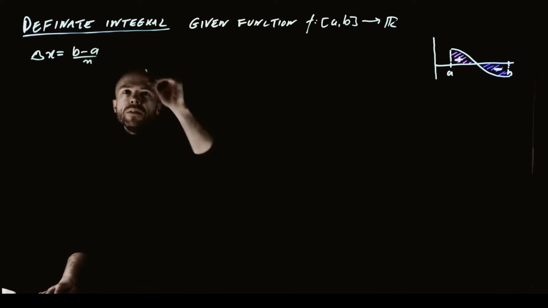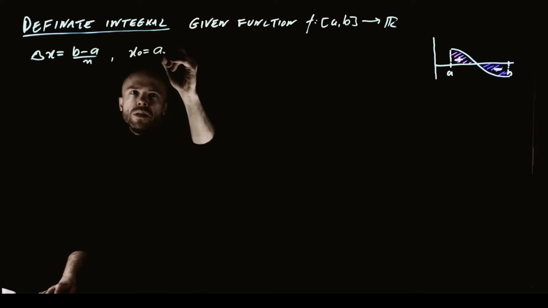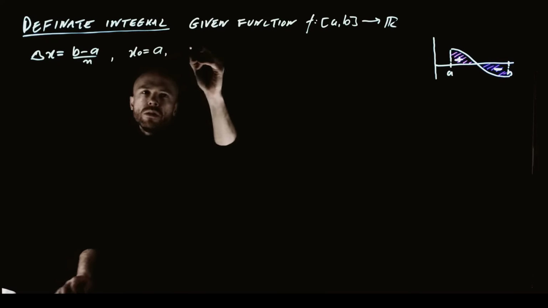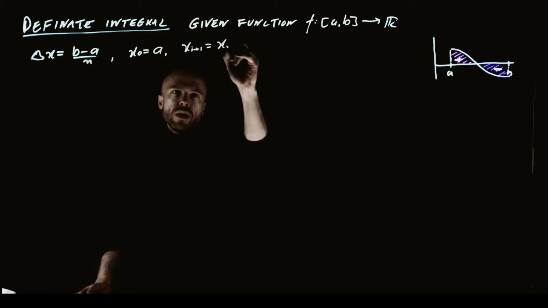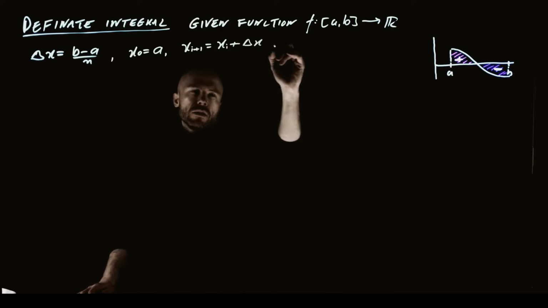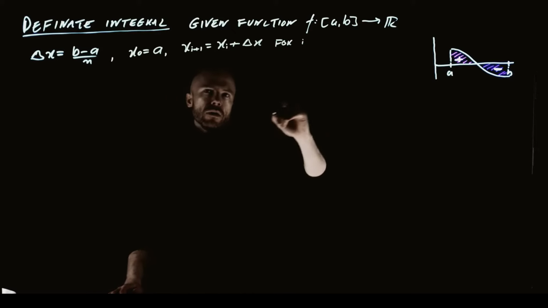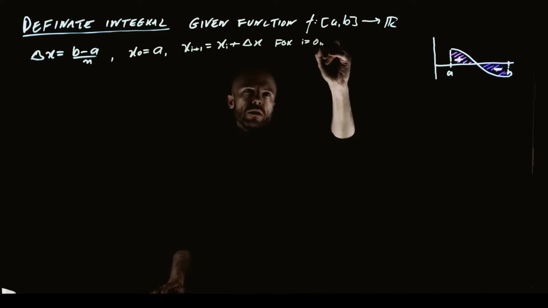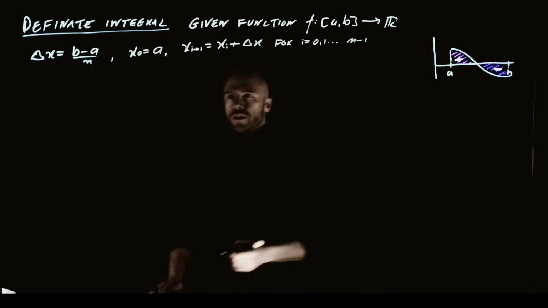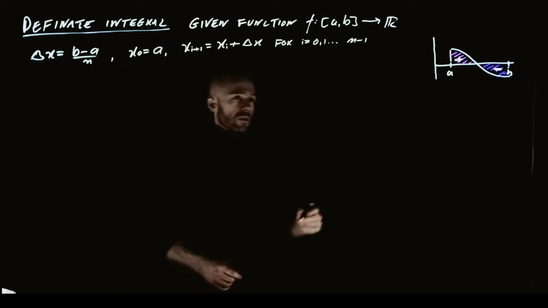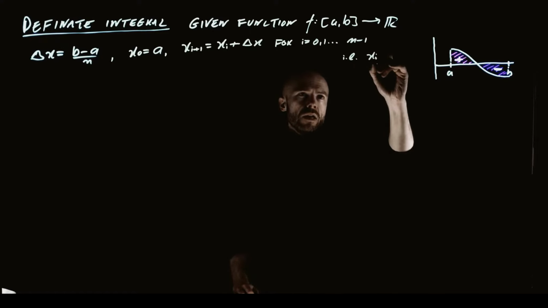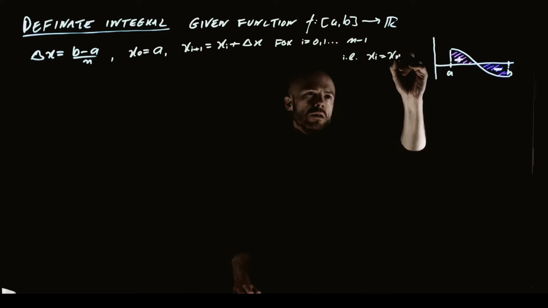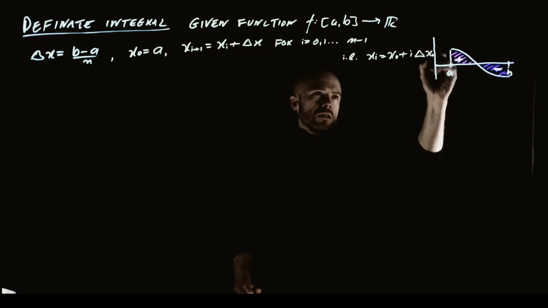Then we let x0 be the first one, and x_{i+1} is defined to be equal to x_i plus delta x for i equal to 0, 1, up to n minus 1. And just as we saw last time, that gives us that x_i is equal to x0 plus i times delta x.